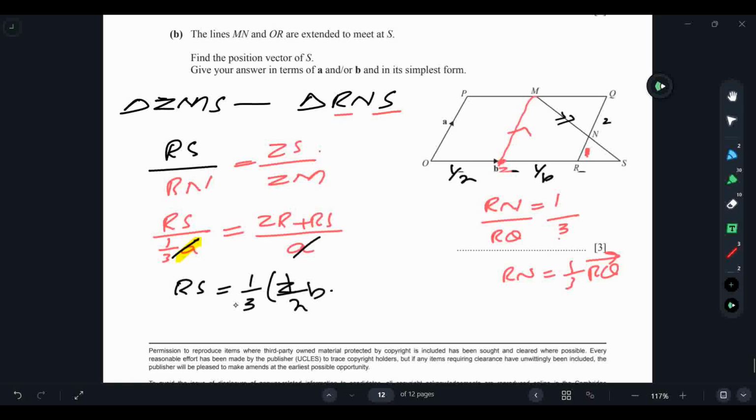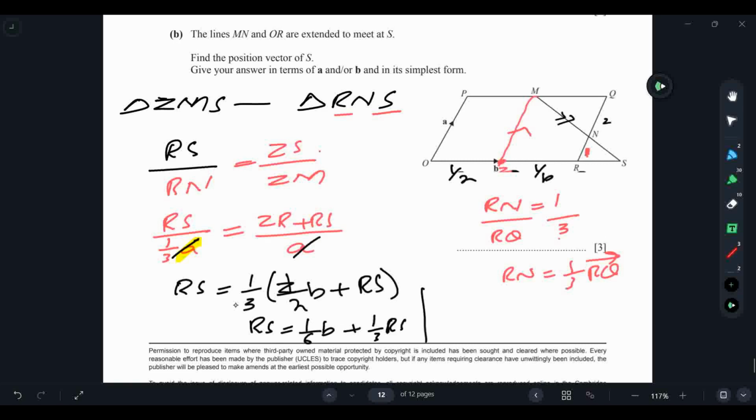So 1 by 3 into half of B plus RS. Now we need to simplify it, so RS will be equal to 1 by 6 B plus 1 by 3 RS.